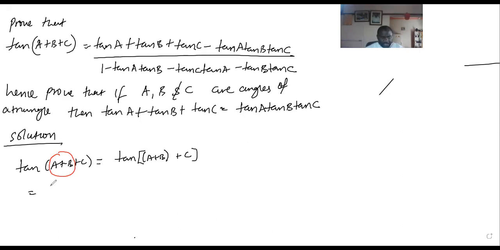When you expand that, you'll get tan of A plus B plus tan of C, all is over 1 minus tan of A plus B tan of C.